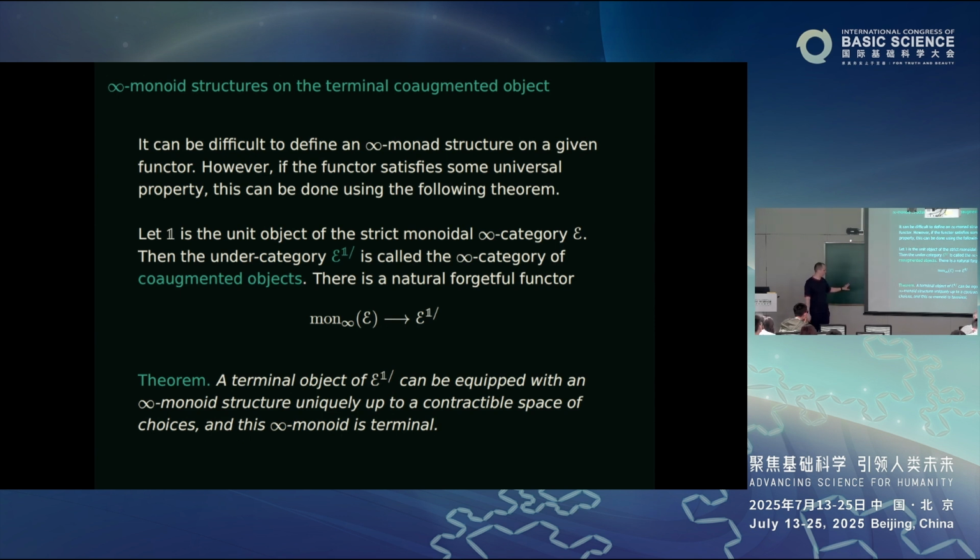This is a complicated theorem that we proved together with Emmanuel, and this is a key theorem in some sense. Without this theorem, we can't even say that codensity infinity monad is an infinity monad. Yes, so any terminal object can be equipped with the structure of infinity monad, and this is uniquely defined up to a contractible space of choices, and it defines a terminal object in the category of infinity monoids.